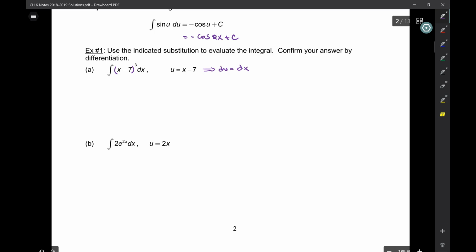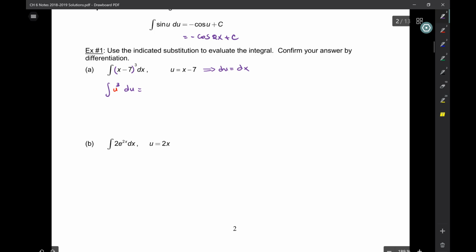So now look at what happens. When you go here, this x minus 7 is u cubed. Okay? So I just substituted that. Now what's left over in the top? Dx. What you have to do is you have to use this in order to substitute for everything that's left over. Now dx equals du, so that's what we have. Okay.